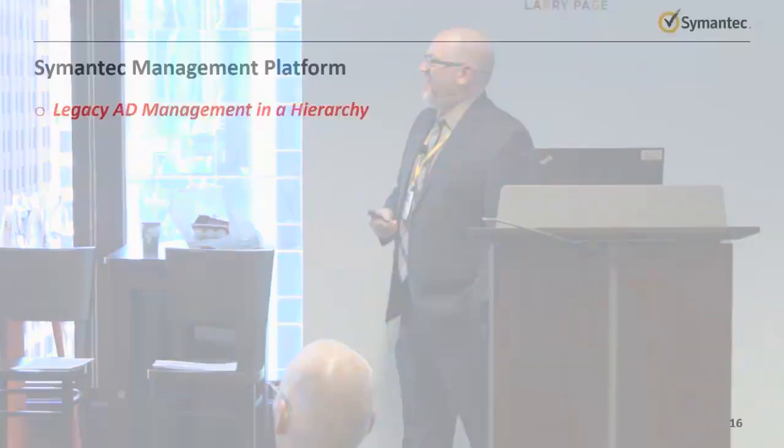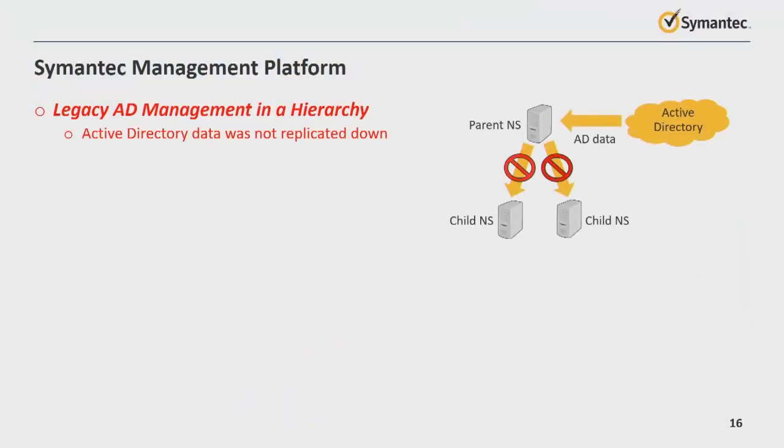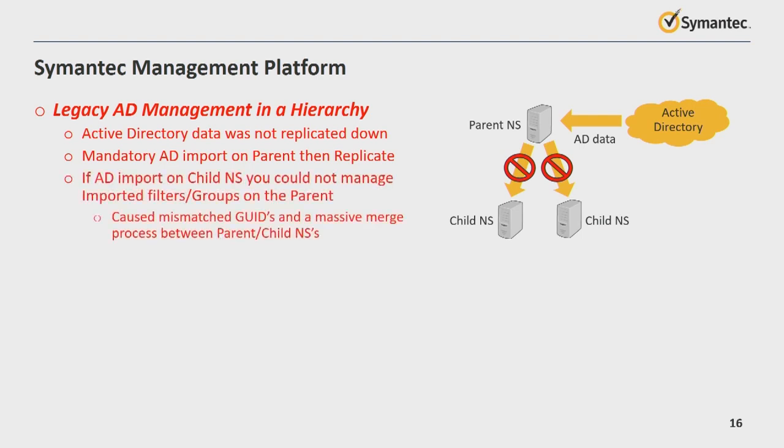Well, in hierarchy, we have legacy AD management. So right now in hierarchy, you can't import AD data and then replicate it down to the child notification servers. It's mandatory that the parent takes in the Active Directory. So if AD import happened on the child NS, you couldn't manage things like imported filters and groups on the parent.